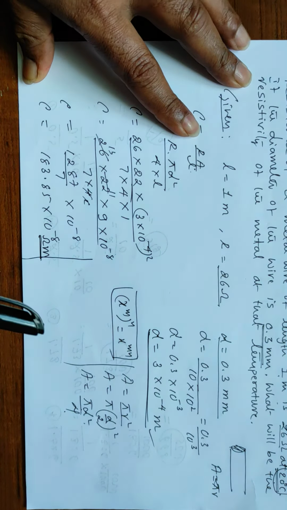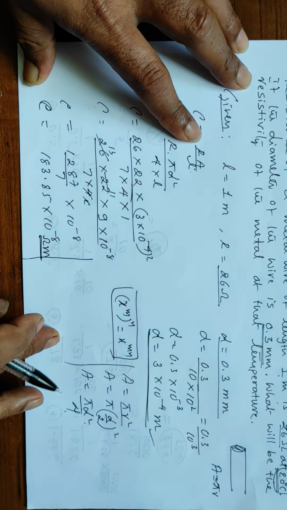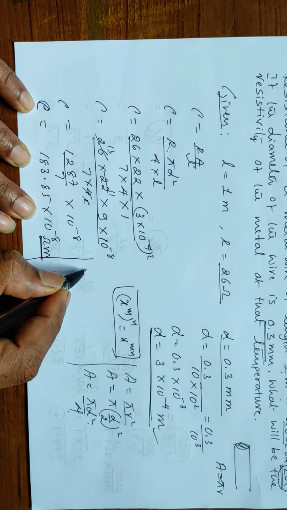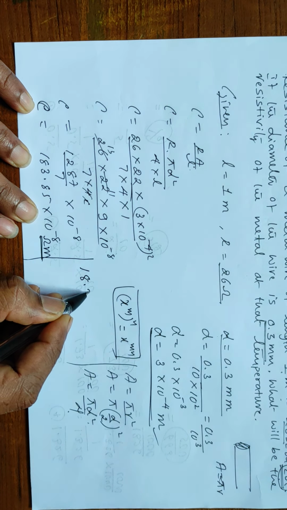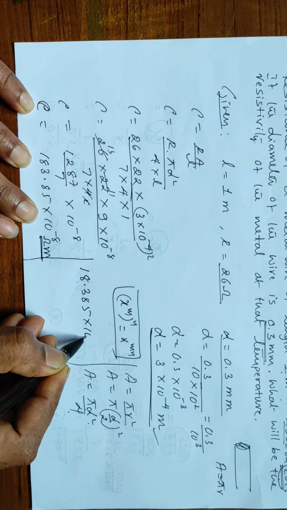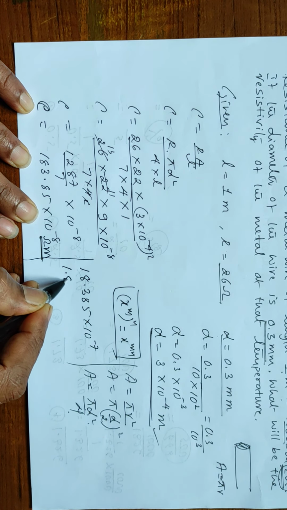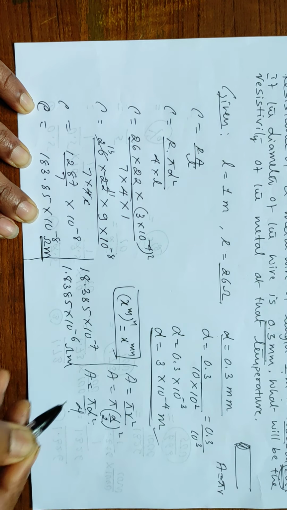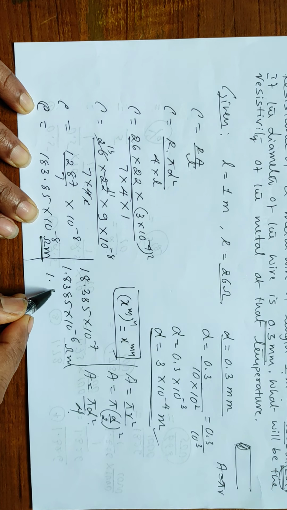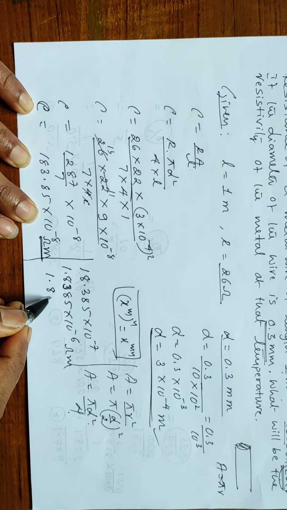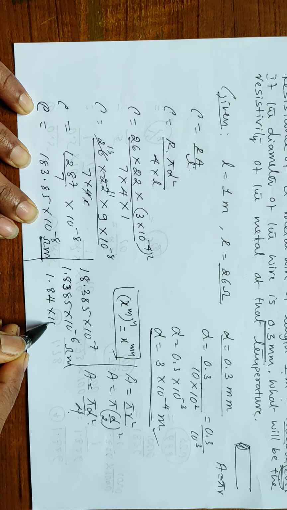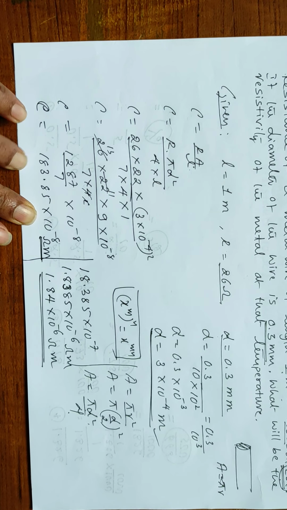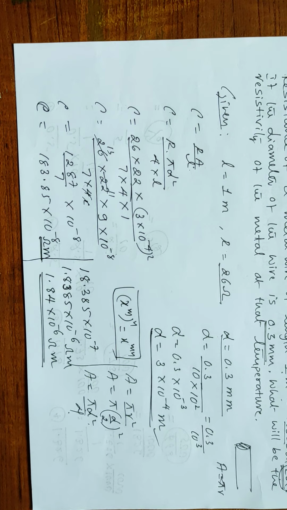The unit of resistance is ohm, and the unit of resistivity is ohm meter. You can express the answer according to your convenience: 18.385 into 10 power minus 7, or 1.8385 into 10 power minus 6, or 1.84 into 10 power minus 6 ohm meter. So this is the resistivity of the given material of the metal wire.